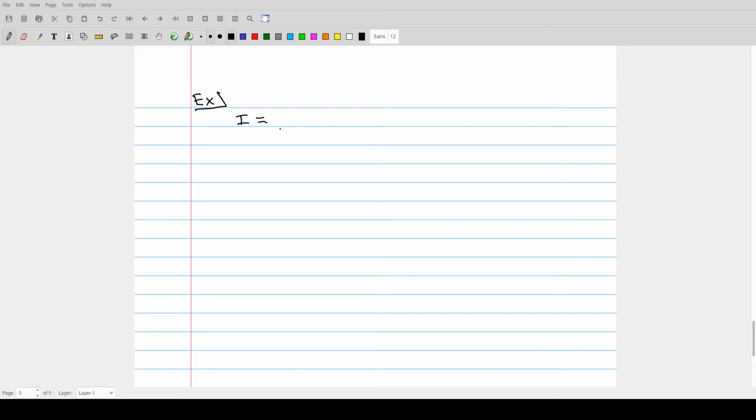So here, the integral that we're going to evaluate is the integral from 0 to 6, and from, we'll say, y over 2 to 3, of the function e to the negative x squared dx dy.